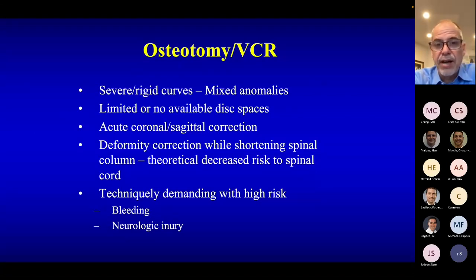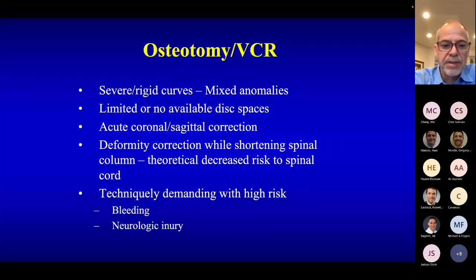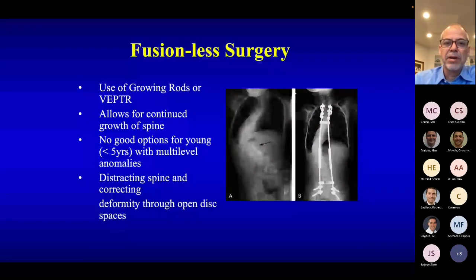The advantage of osteotomy and BCRs is that it typically shortens the spinal column, which theoretically decreases the risk to spinal cords, especially if you have spinal dysraphisms. It is, in all terms, technically demanding with high risk of bleeding and neurologic injury, and so should be the last resort.